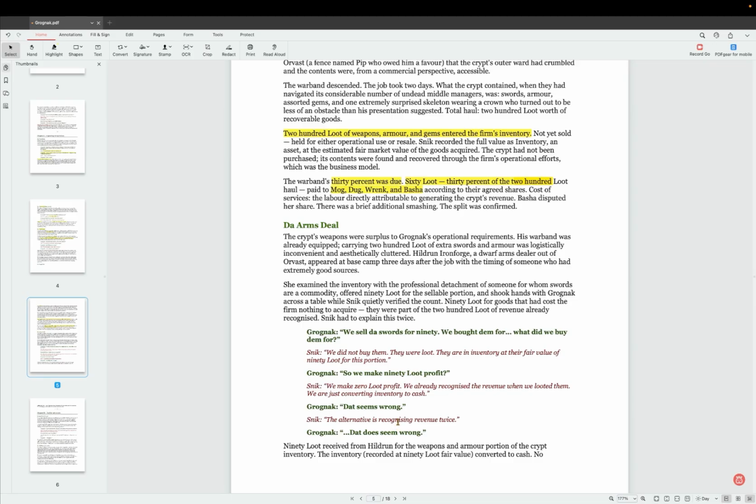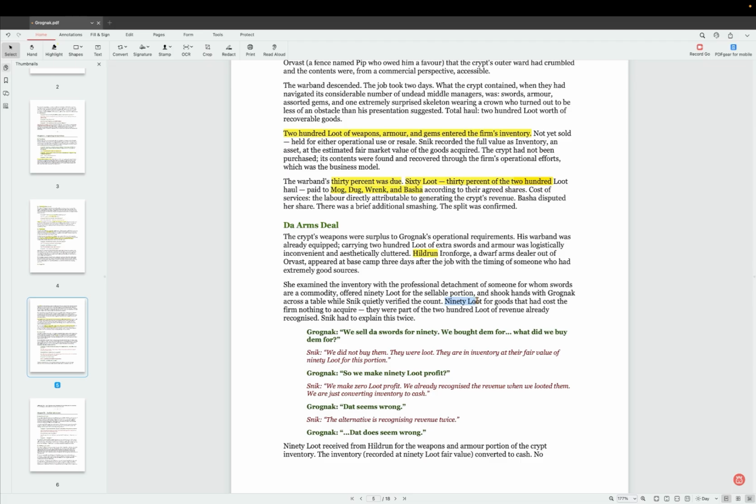Now we've got the next introduction, which is the 9th transaction, before recording the journal entry. After the crypt job, the firm sells some of the weapons and armor from the inventory to a dwarf arms dealer named Hildrum Iron Forge. Hildrum Iron Forge purchases these items for 90 loot.